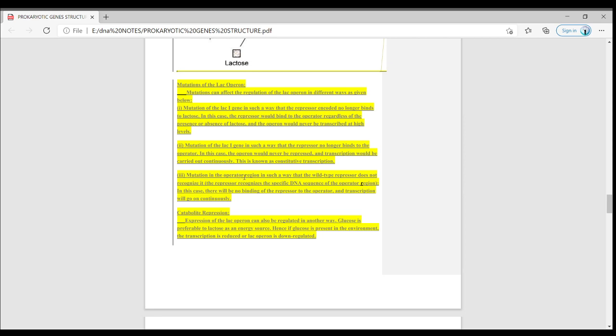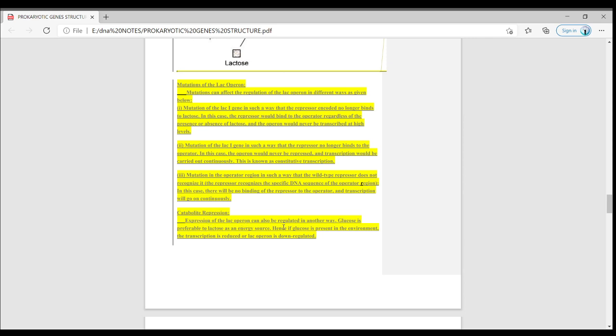Then a mutation in the operator region in such a way that the wild type repressor does not recognize it, that is, the repressor recognizes the specific DNA sequence of the operator region. In this case, there will be no binding of the repressor to the operator and transcription will go on continuously. So, in this manner, with the mutation of the lac operon, we have seen how the transcription goes on continuously.